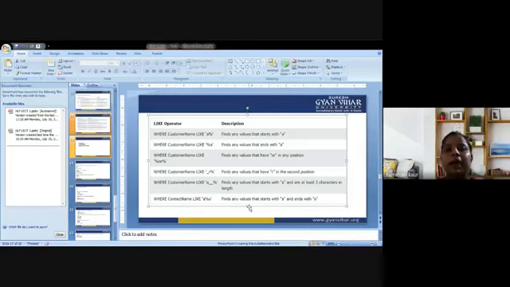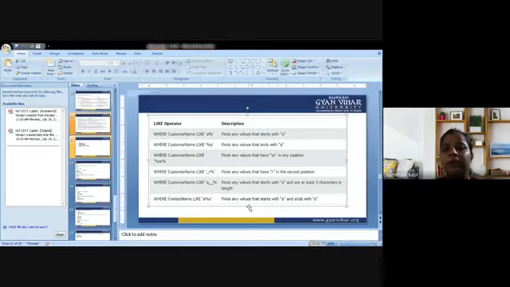Where customer name like '%or%' finds any value that has or in any position, like HORO, horo, it could be there. Where customer name like '_r%' finds any value that has R in the second position, irrespective of what follows.